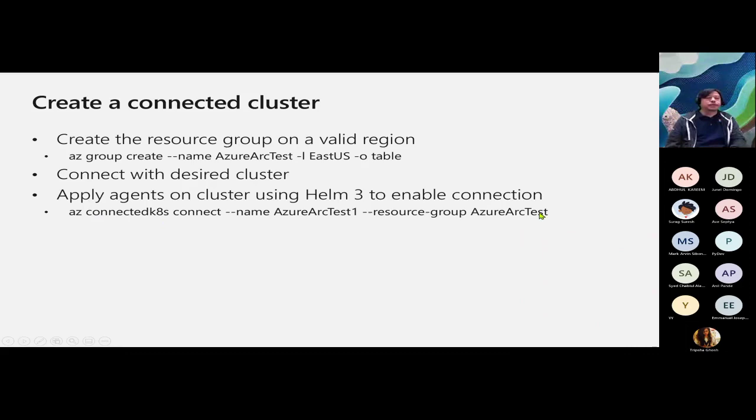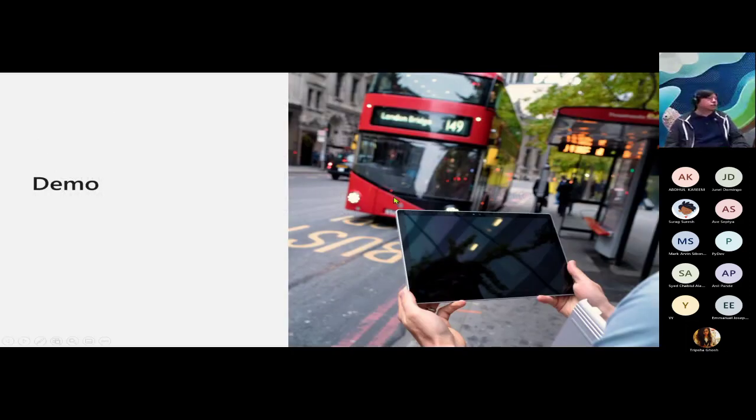Okay. These things I already did on my cluster because it takes some time and we would not have time to wait for it now. But I'll show you other things that you can do also. So I have here a Windows Terminal window, okay? And let me show you what I got.